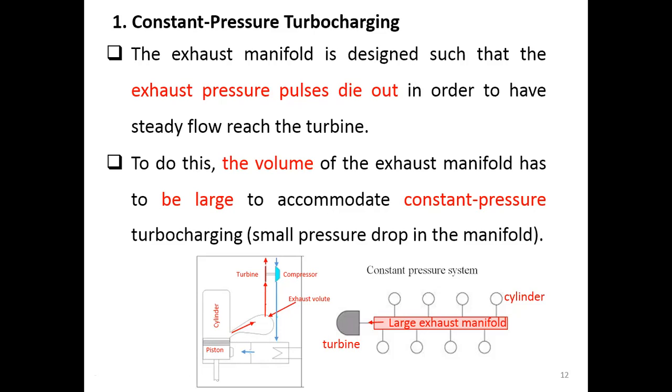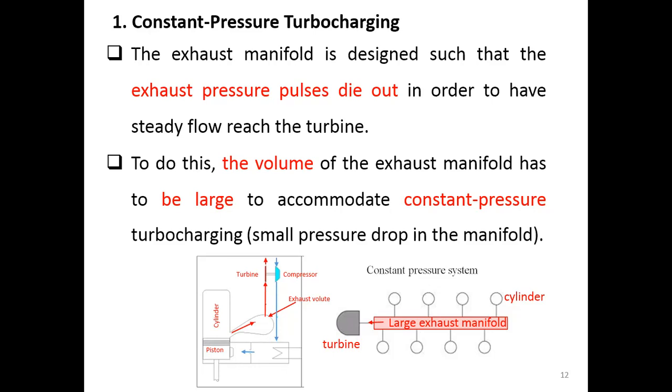What does it mean? It means the unsteady flow can happen anywhere along the exhaust manifold, but before it reaches the turbine, it has to be a steady flow. In order for this exhaust flow to be steady in front of the turbine, the exhaust pressure pulse has to be dialed out. So how are we going to kill the exhaust pressure pulse?